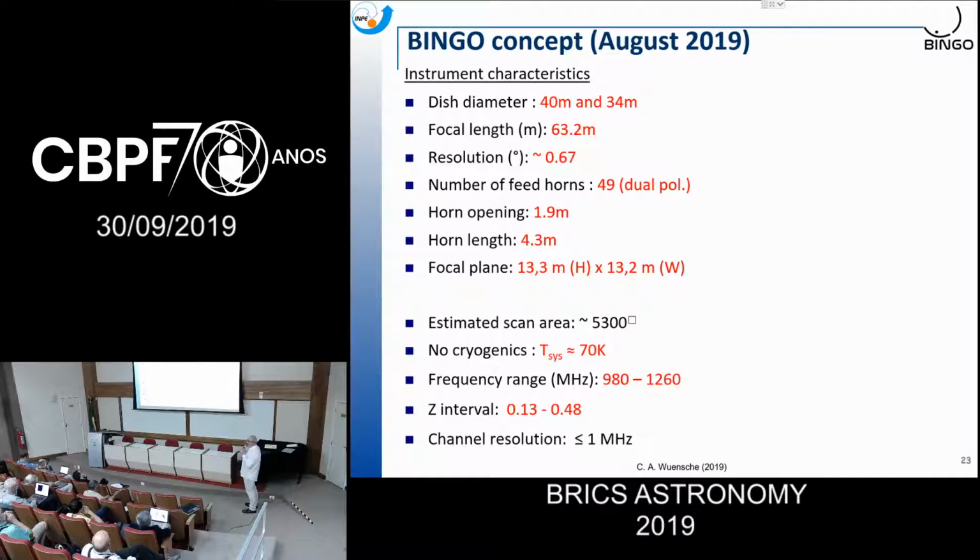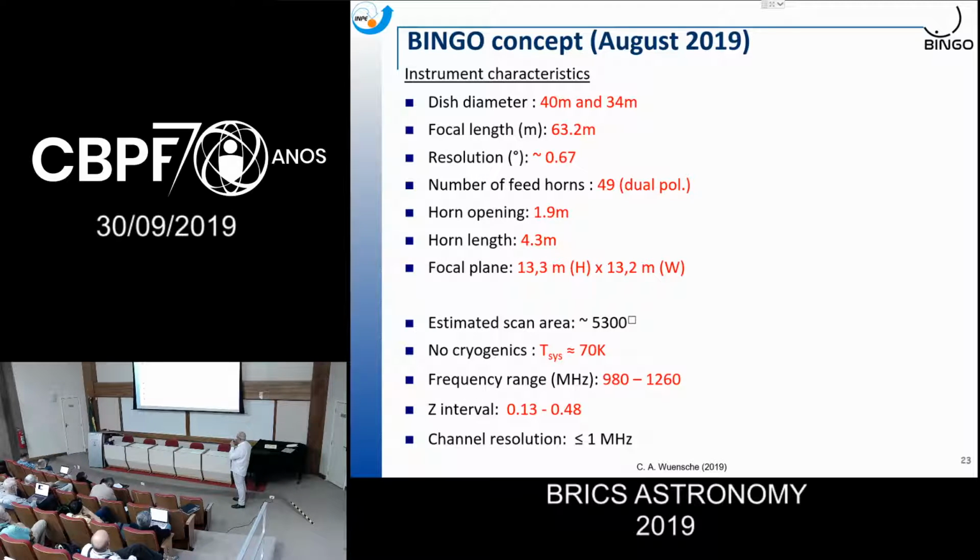So what do we propose? We propose a single dish. It's actually two dishes, a compact array with this focal length, this resolution for the optical system, 49 horns. They are sort of big. The horn is 4.3 meters, so it goes from here to the tip of the table. We have 49 of them, so a very large focal plane.